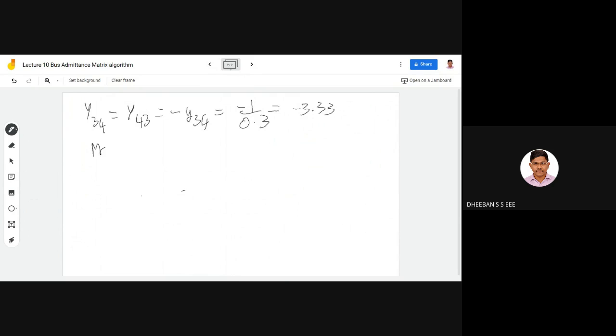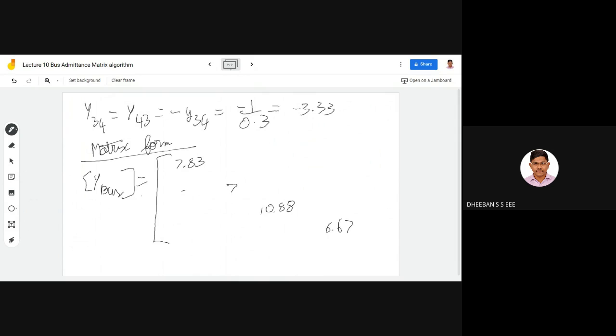Here the matrix form is Y bus equal to. Initially you start with y11, whose value is 7.83. First you write your diagonal elements, then it will be easy for you. After that y22 is 7, y33 is 10.83, and y44 is 6.67.